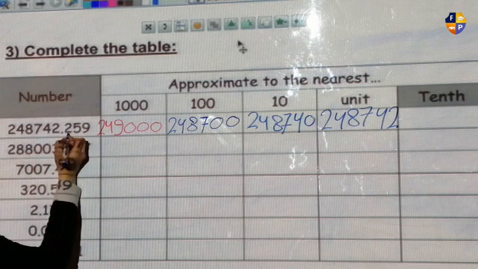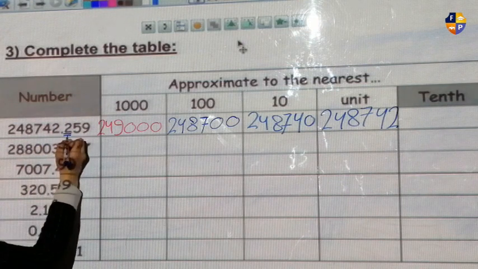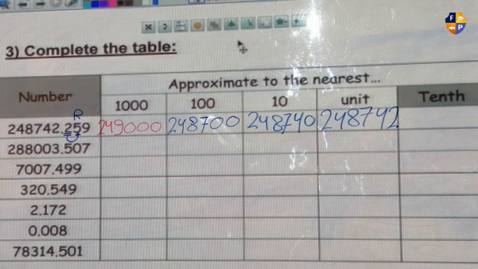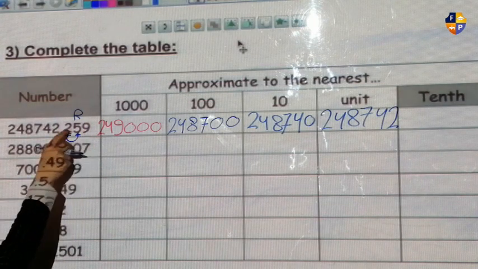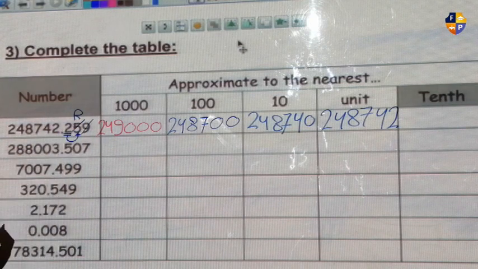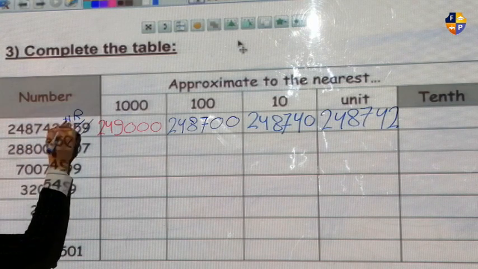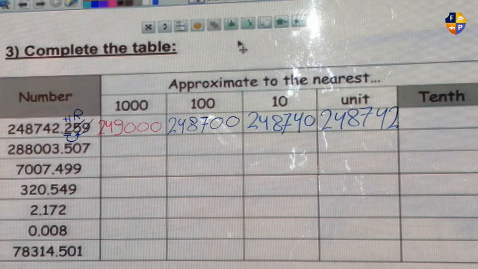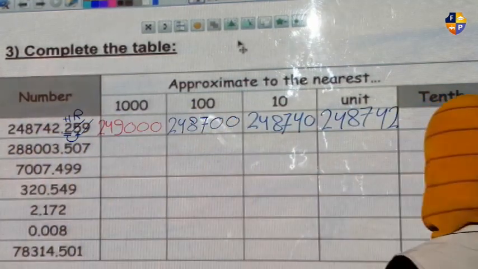Okay, underline the digit in tenth. Look at the digit before tenth. 5 is rich. Okay, cancel all the digits to the right of tenth. Then add 1 to tenths place and keep the other digits as they are. So 2 plus 1 equals 3.